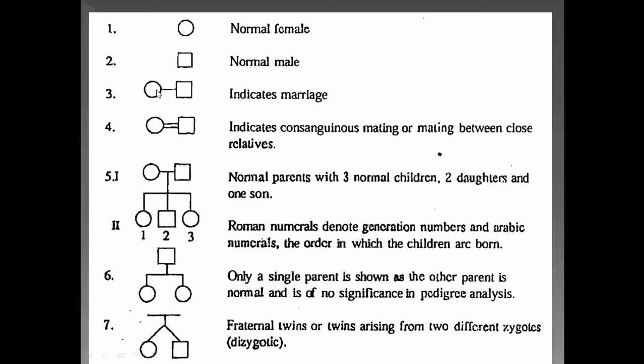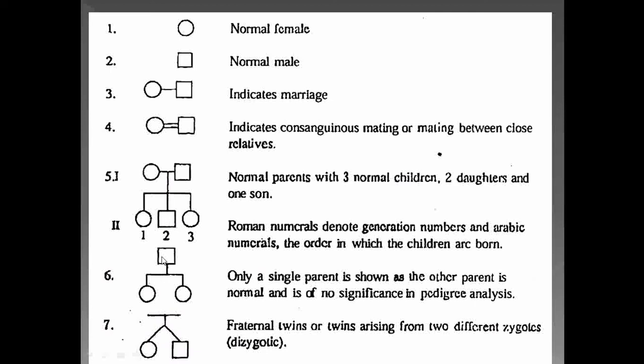Then a single line between the circle and square indicates the marriage between the normal male and normal female. The double line between the circle and square indicates marriage between close relatives. Then the next symbol indicates the marriage between a normal female and normal male, and this is the second generation, or you can say the progeny of that: two females, or two daughters, and one son.